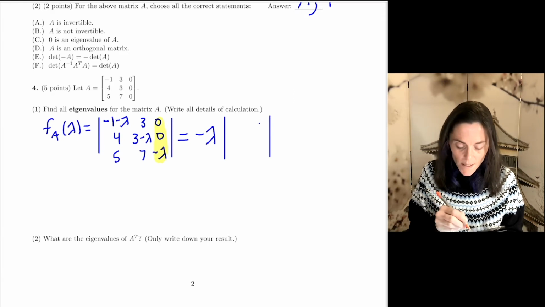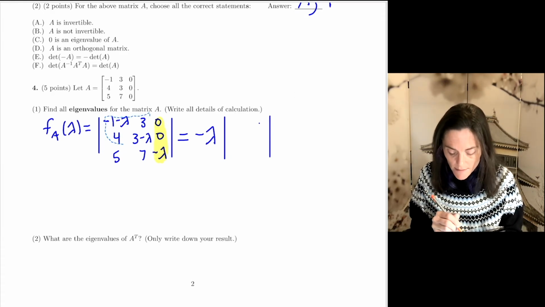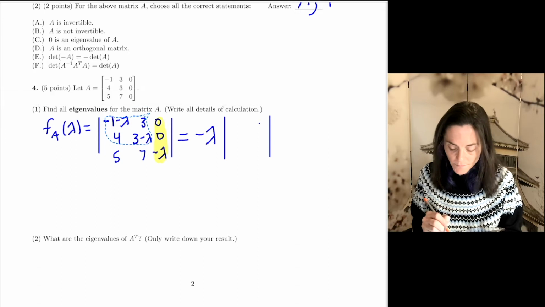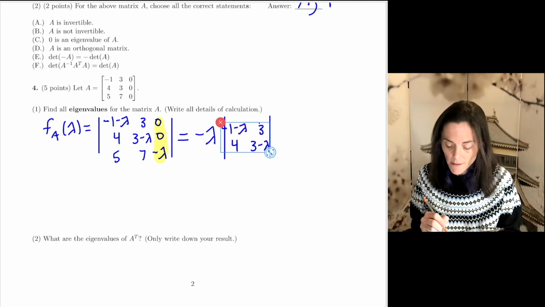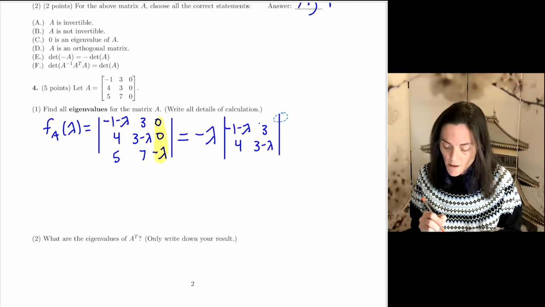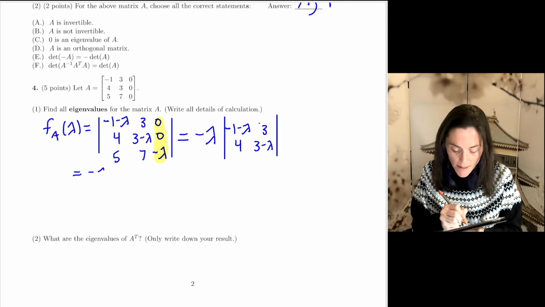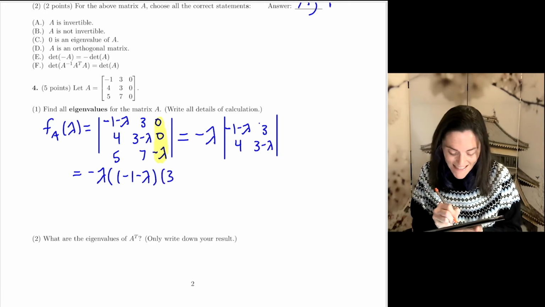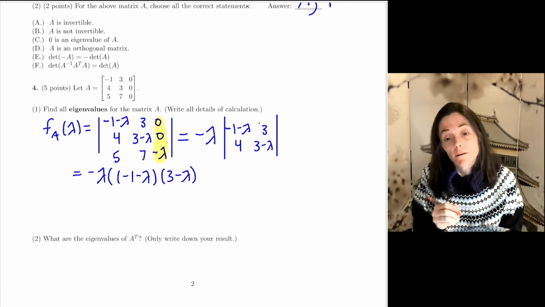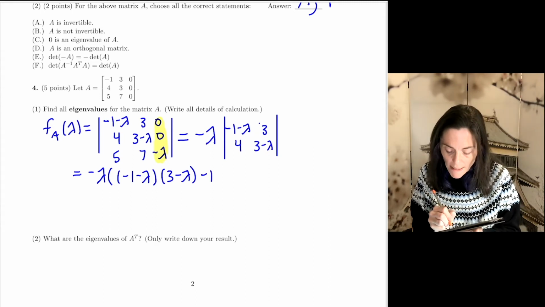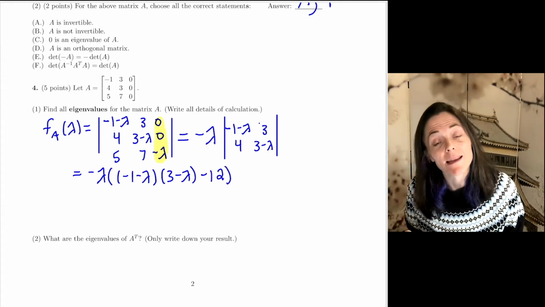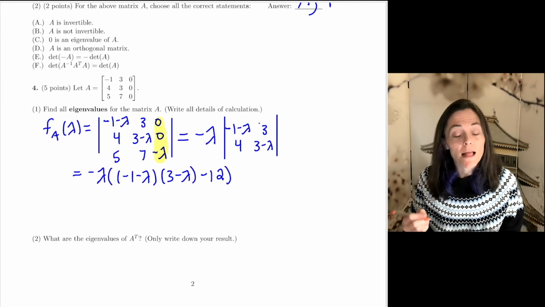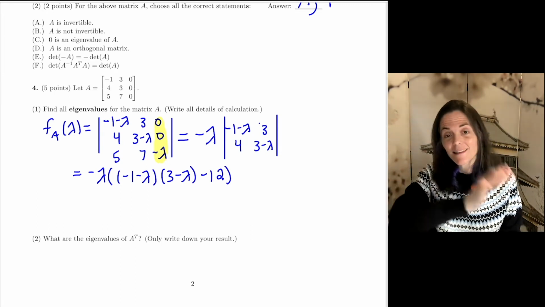And what we're left with, we see it, it's right here, this 2 by 2. So this is what I still have to calculate the determinant of. We have minus lambda, and then we have -1 minus lambda, 3 minus lambda, and -12. Now what we need to do at this point, because I'm trying to find the roots of this polynomial, the negative lambda part, I'm just going to leave out in front.